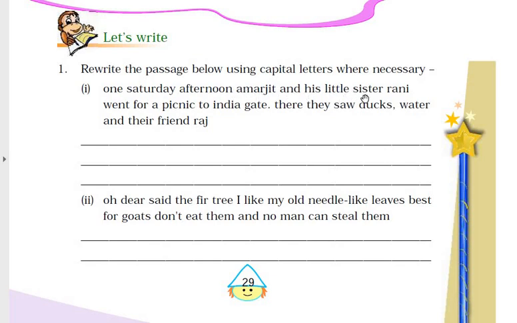And his little sister Rani, again R should be capitalized, went for a picnic to India Gate, I and G. This is a monument, so the first letter is going to be capitalized, I and G. There, again there is a full stop and next sentence begins over here. So T should be capitalized. There they saw ducks, water and their friend Raj. R should be capitalized.